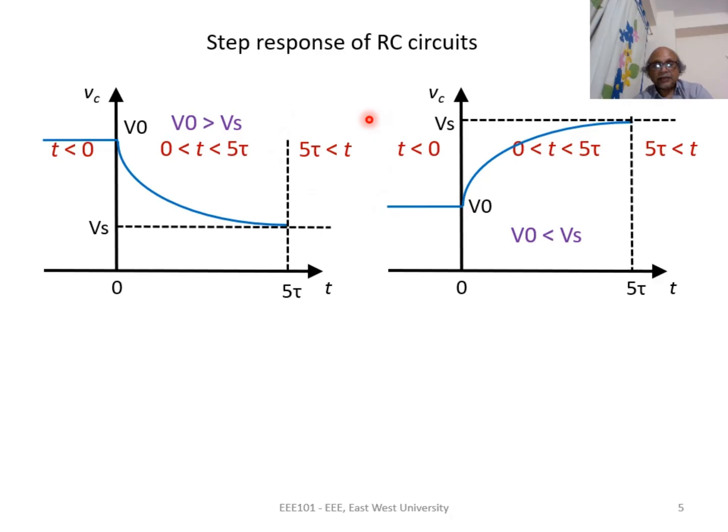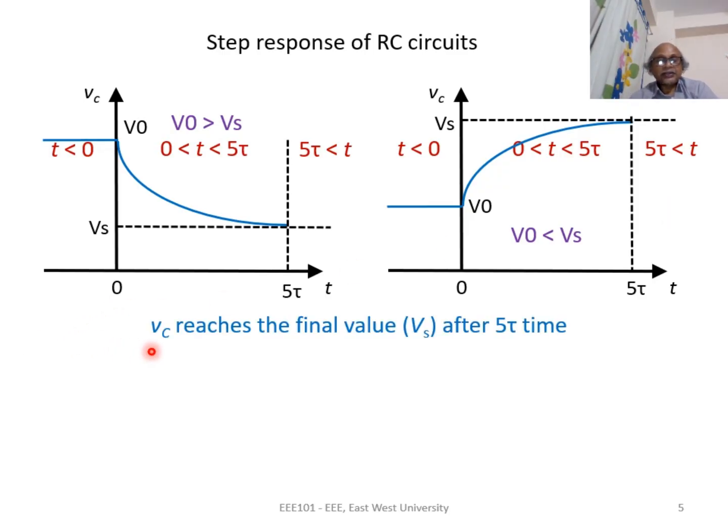And the third time zone in both graphs is when t is greater than 5 tau. So we want to see how the capacitor behaves in each time zone. Remember, I have already mentioned that the capacitor voltage reaches the final value Vs after 5 tau time.